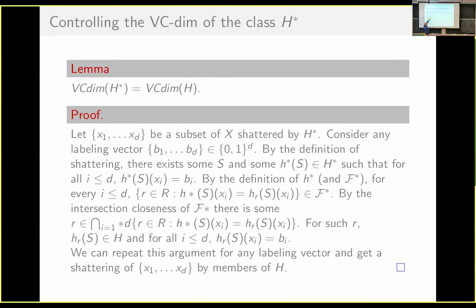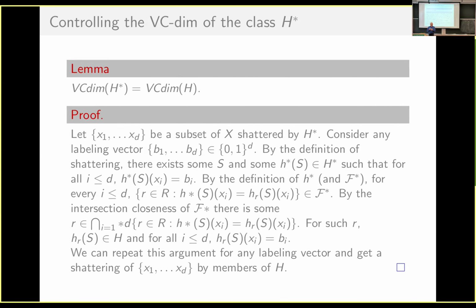But having a member of H star that gives me this labeling means that for every i in the set, H star gives me on Xi the label Bi, which means that the set of all h on which I get label Bi is in the ultrafilter. And the ultrafilter is closed under finite intersections. So the set of all functions that give me those behaviors is a member of the ultrafilter.